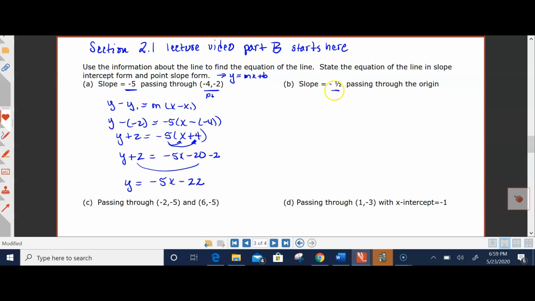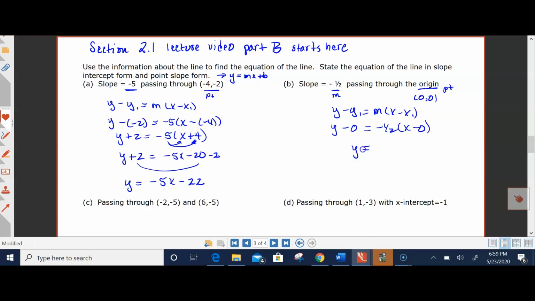We've got a slope, so I've got an m, and it's passing through the origin, and the origin is a point. It is (0, 0). So we can use the same format. Y minus y1 equal m times x minus x1. So y minus 0 equal -1/2 times x minus 0.